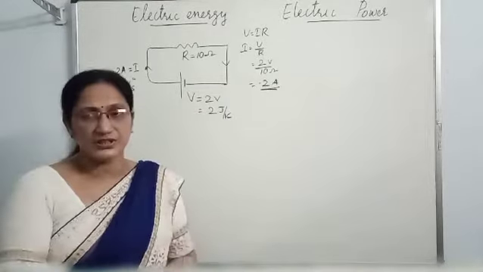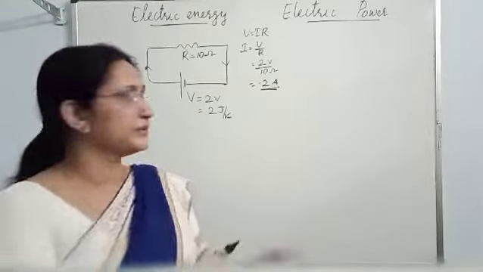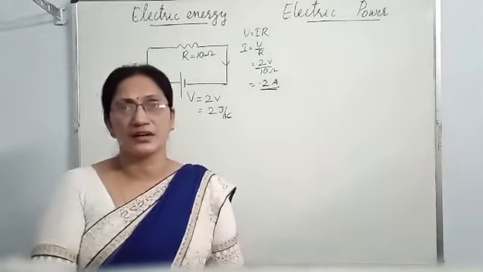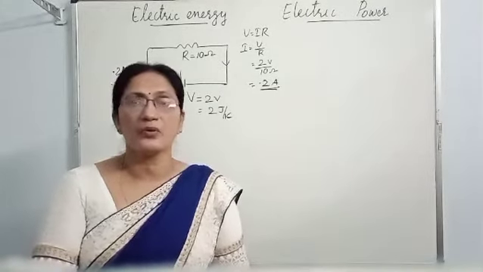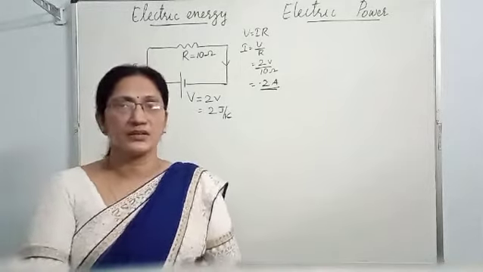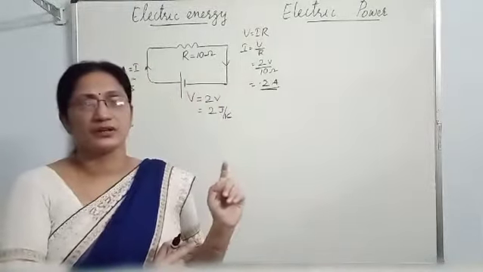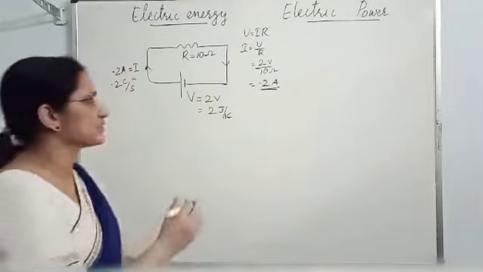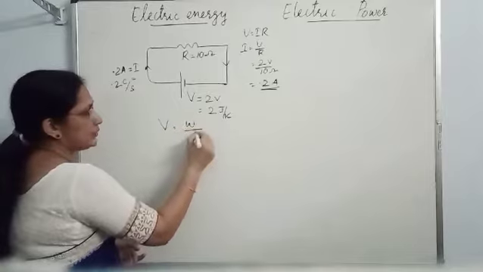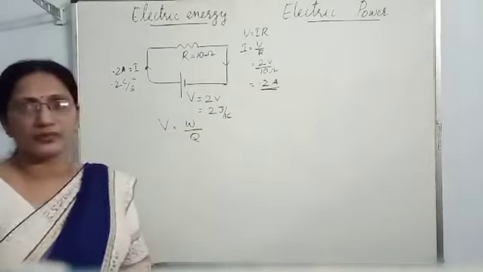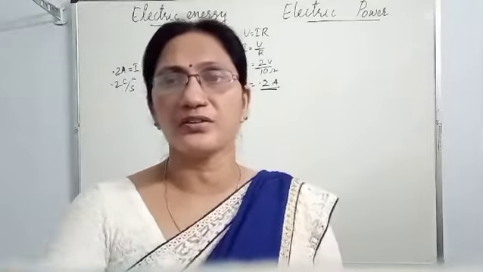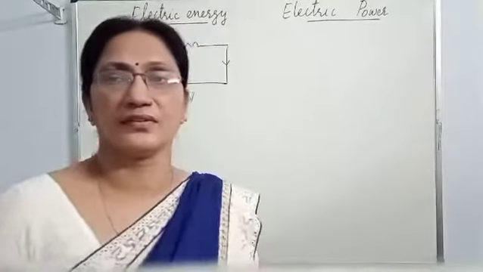Now potential difference or terminal voltage of the cell is the amount of work done to move 1 coulomb of charge through the circuit. Thereby we have an equation for potential difference, that is W by Q. W is the work done, Q is the quantity of charge moving.